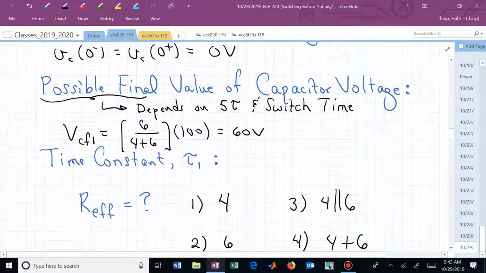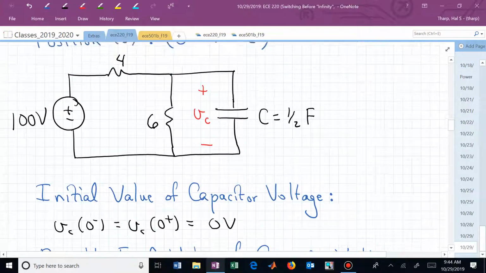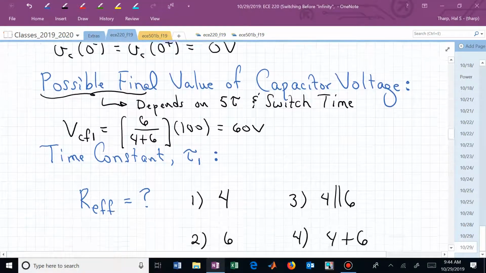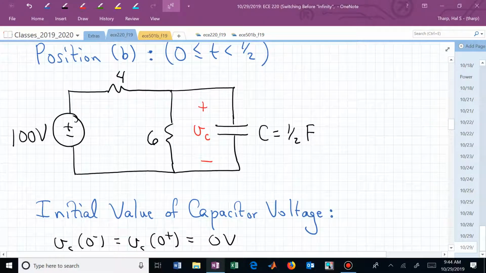What's the time constant for this circuit? RC. So now we need to know what's the effective resistance in this circuit. And now you get to participate. You have 4 options. Is it 4? Is our R 6?